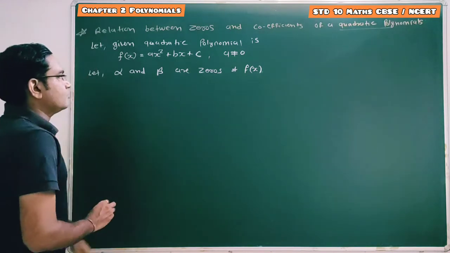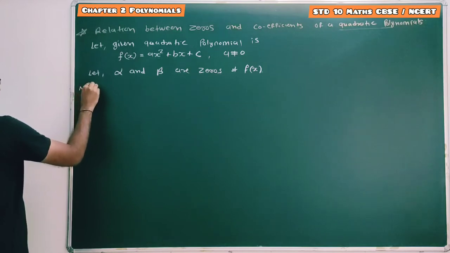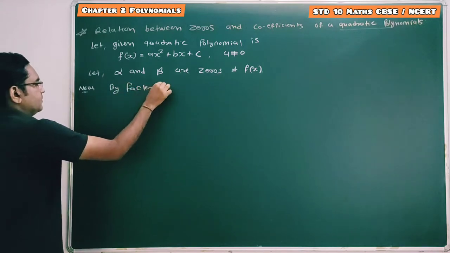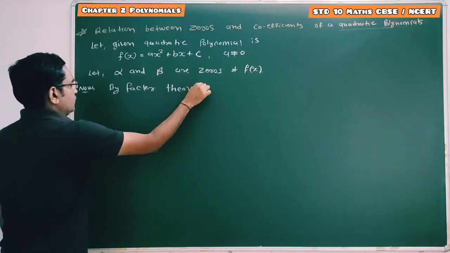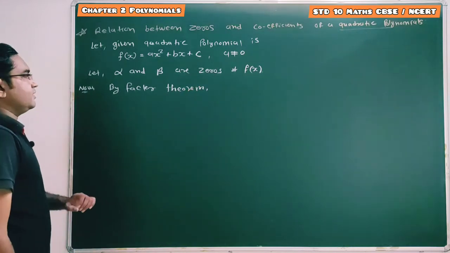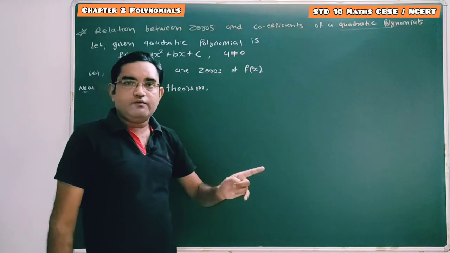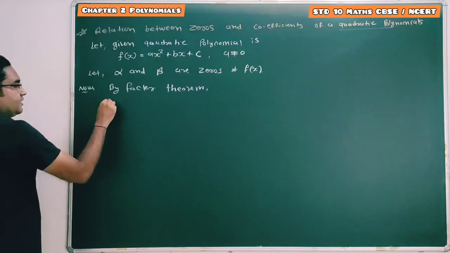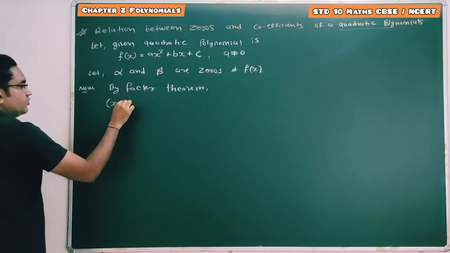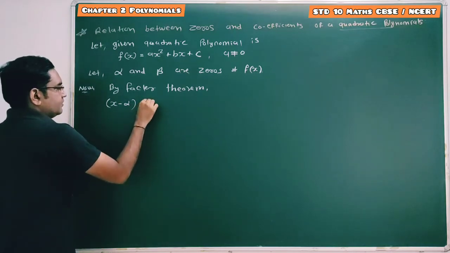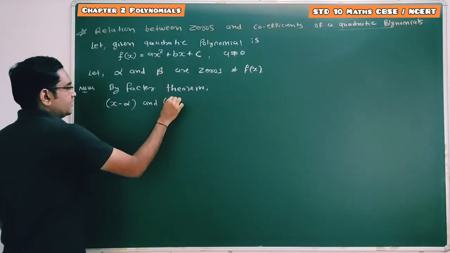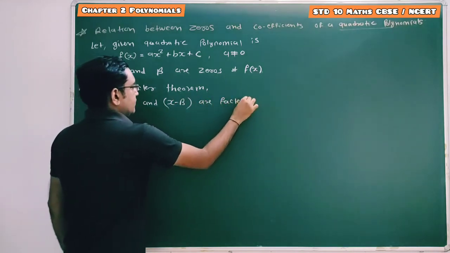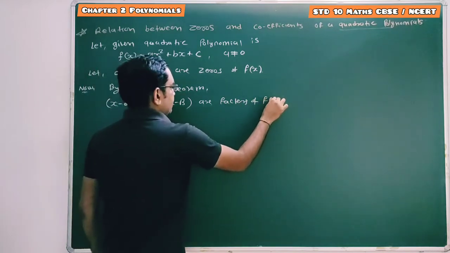So now next step, we know the factor theorem. By the factor theorem, what can we say? Factor theorem says that if alpha and beta are zeros of the given quadratic polynomial, then x minus alpha, that is, subtract these zeros from x, x minus alpha and x minus beta are factors of f of x.